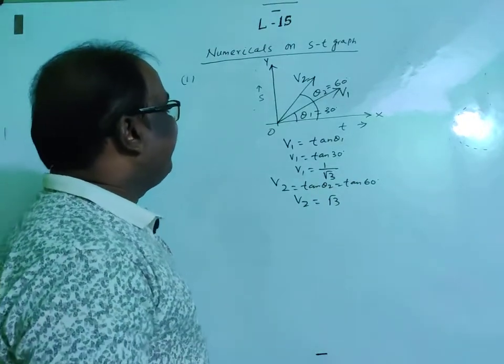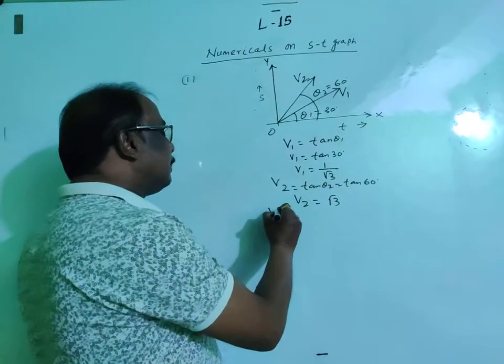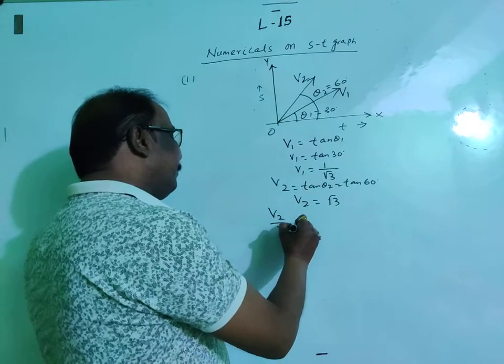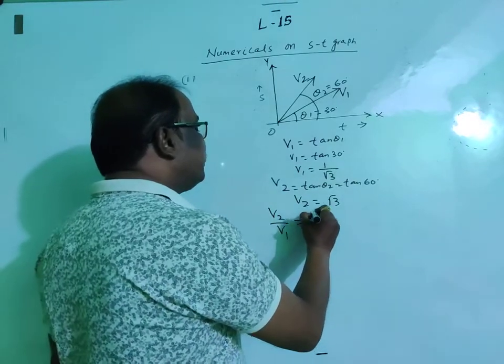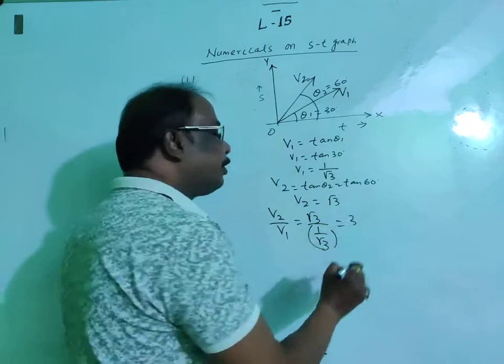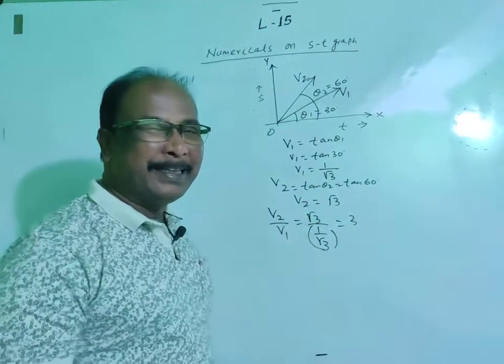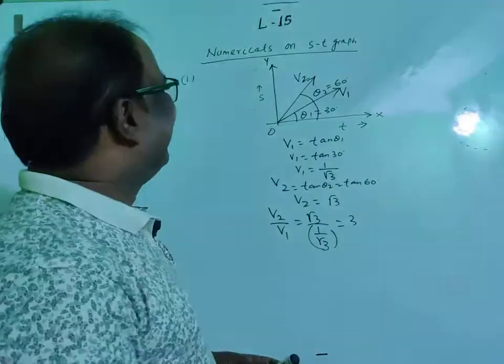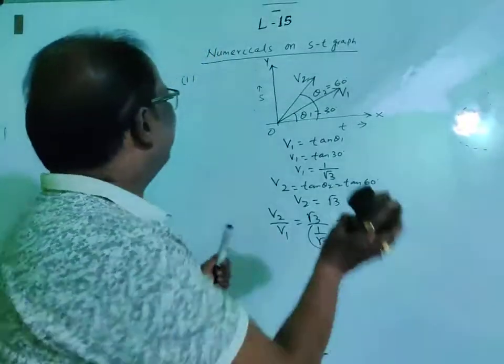Okay. Then if it is asked to calculate the ratio of v2 to v1, this equals root 3 divided by 1 by root 3, and our answer is 3:1. Two basic questions.